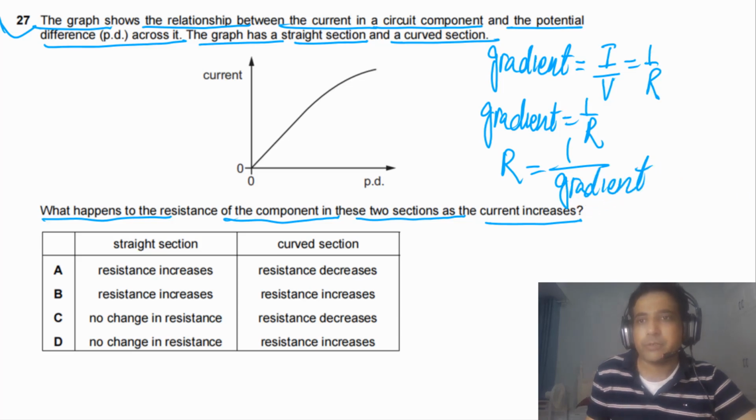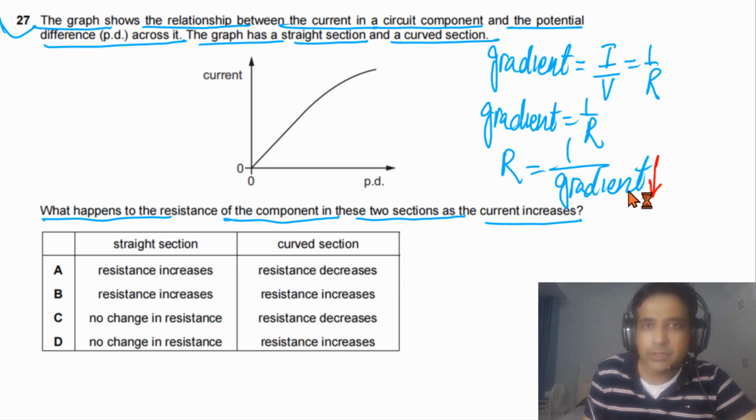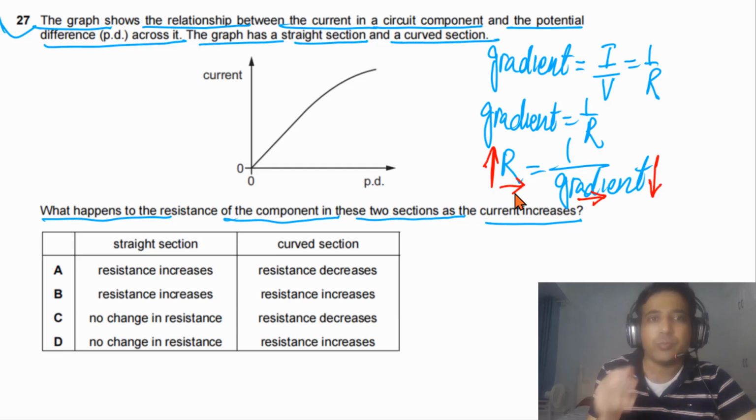So if the gradient decreases, it means resistance will increase. And if the gradient remains the same, it means resistance remains the same. So these 2 points we need to understand. Now we can also draw the line.